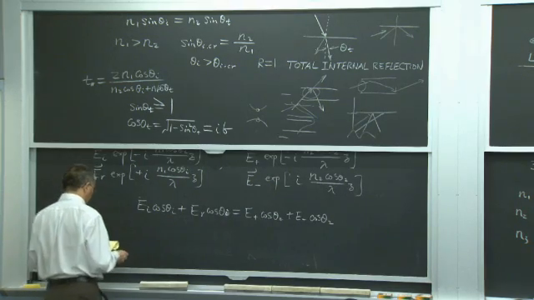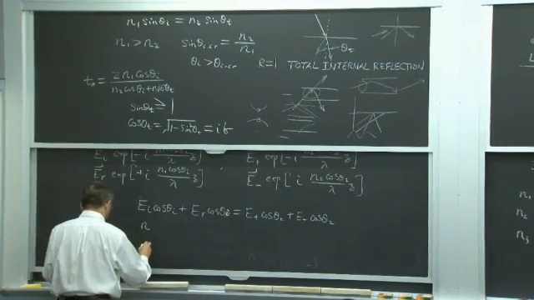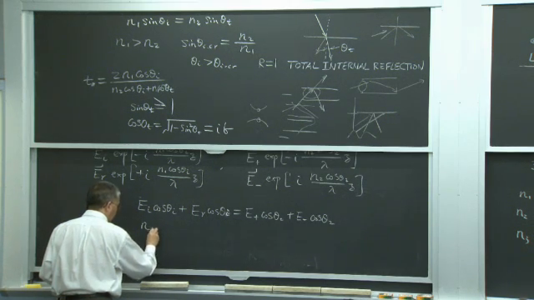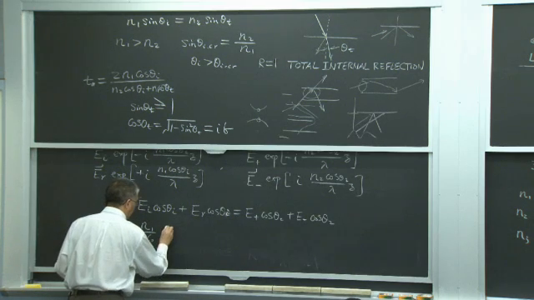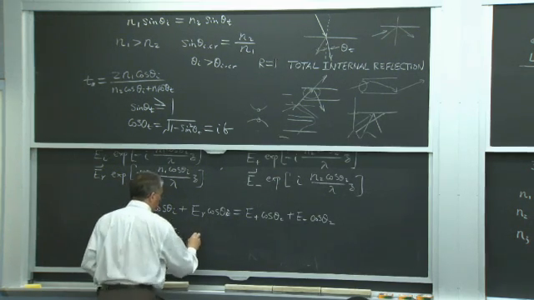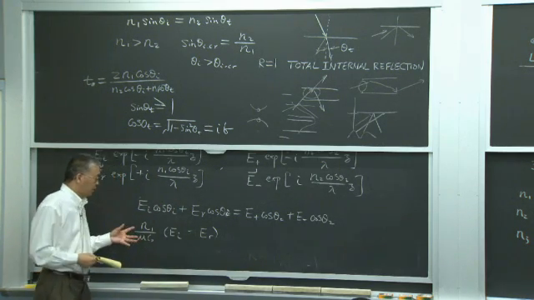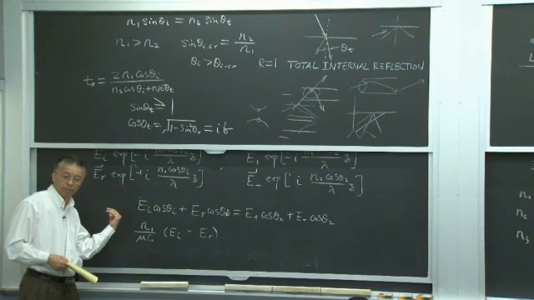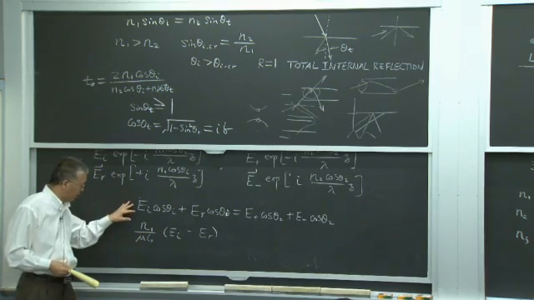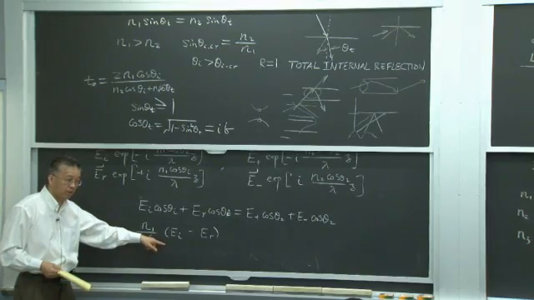And then the magnetic field is n1 times mu, remember, times (E_I minus E_R), right? That's the relation we derived last time for H_y. If I know the electric field, I know the magnetic field is n mu c times the electric field.